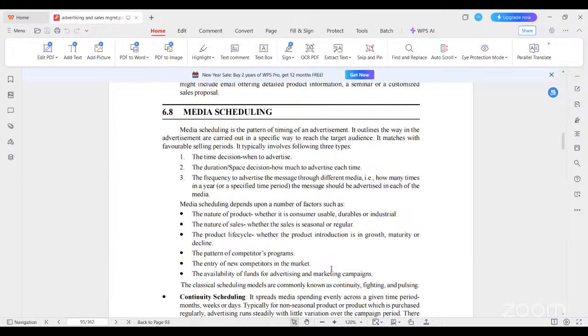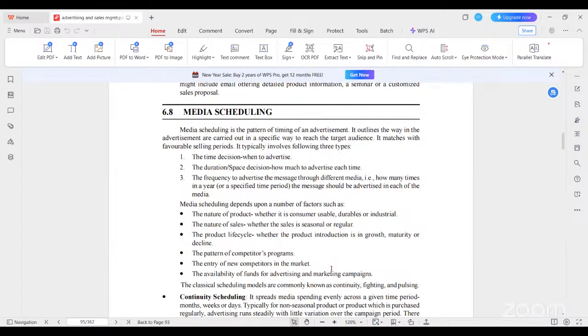So there is a chance of the customer switching to the other brand also. We need to understand the new competitors in the market and what their moves are.